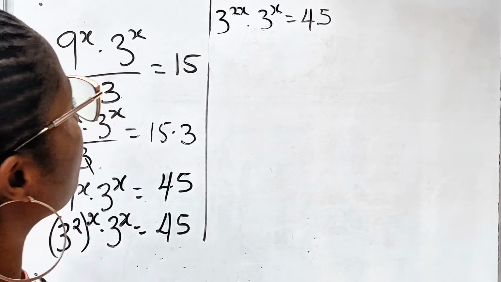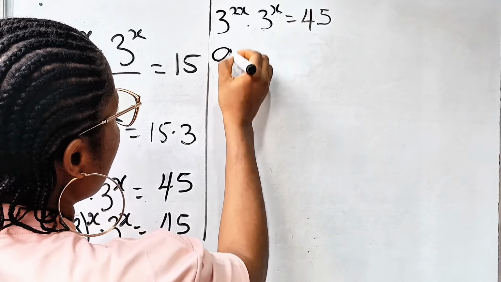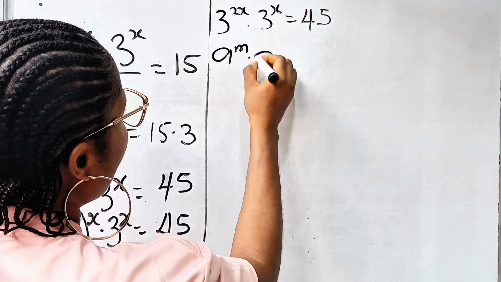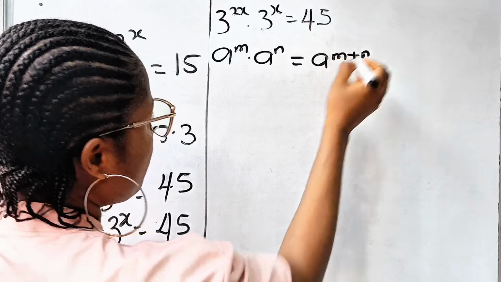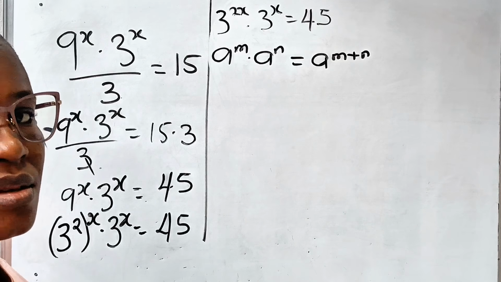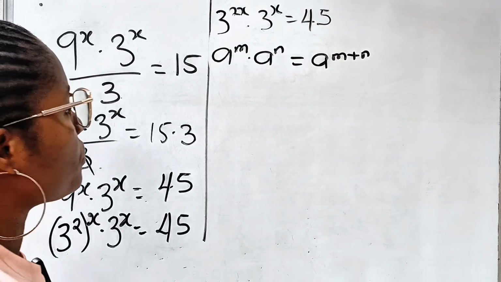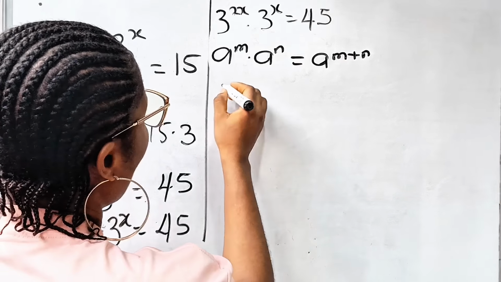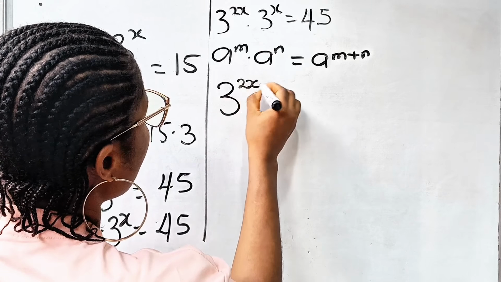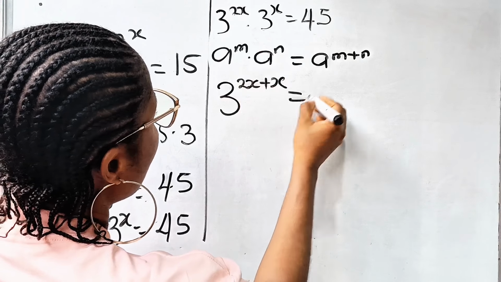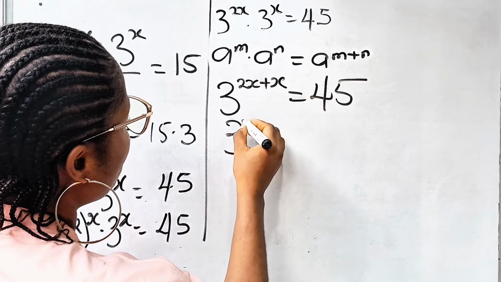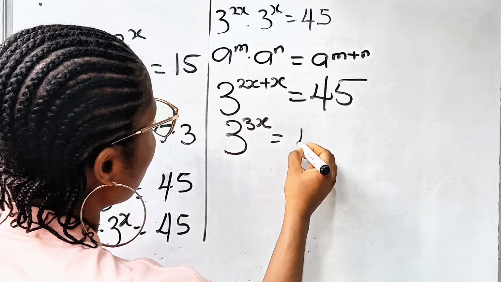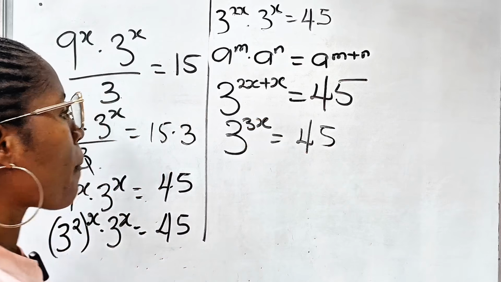So now, recall that a to the power of m multiplied by a to the power of n is equal to a to the power of m plus n using law of exponents. Therefore, we can write this as 3 to the power of 2x plus x is equal to 45. So we have 3 to the power of 3x is equal to 45.